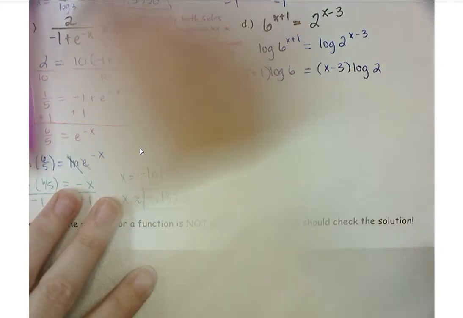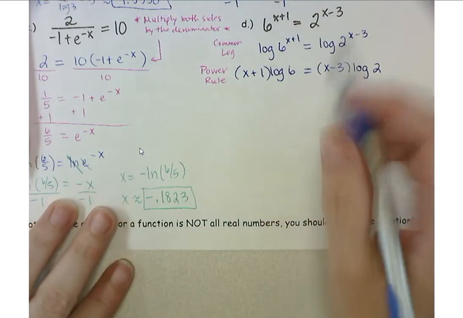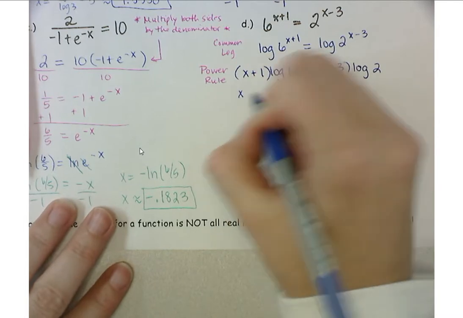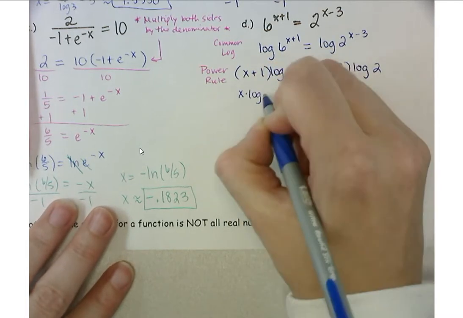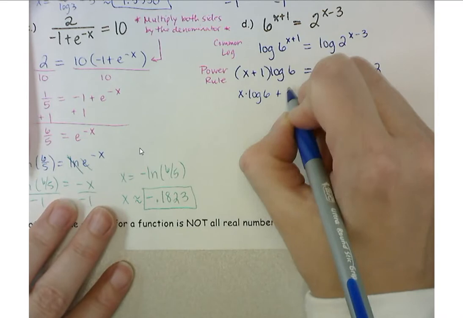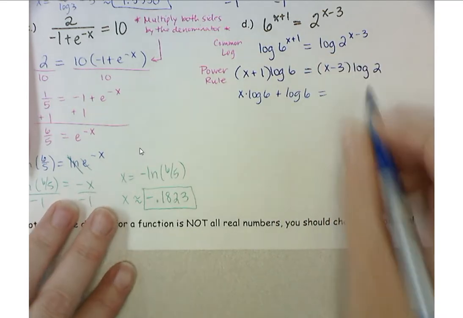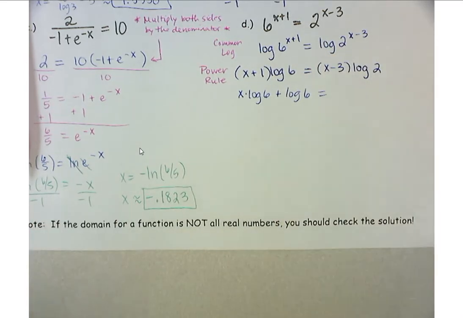If it makes you feel better, no matter which way you do this, it's not really going to be that pretty. So if you do x times the log of 6 plus log of 6, go ahead and distribute on this side and write out what you'd have.